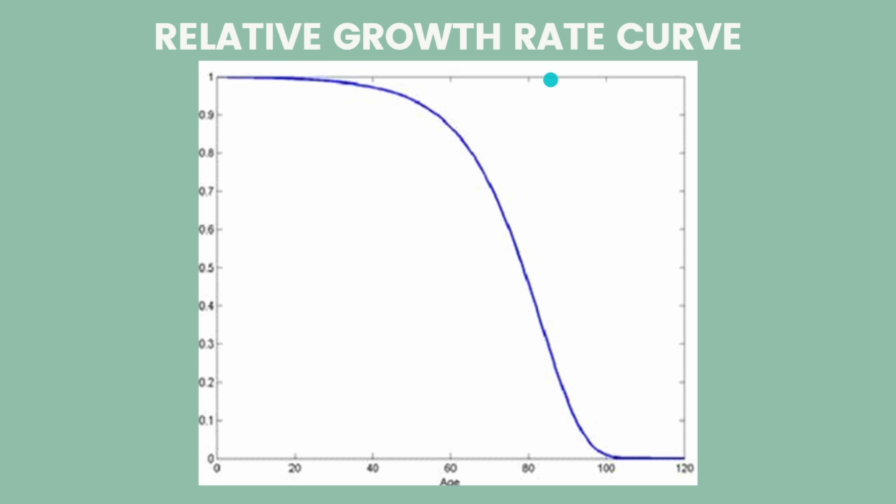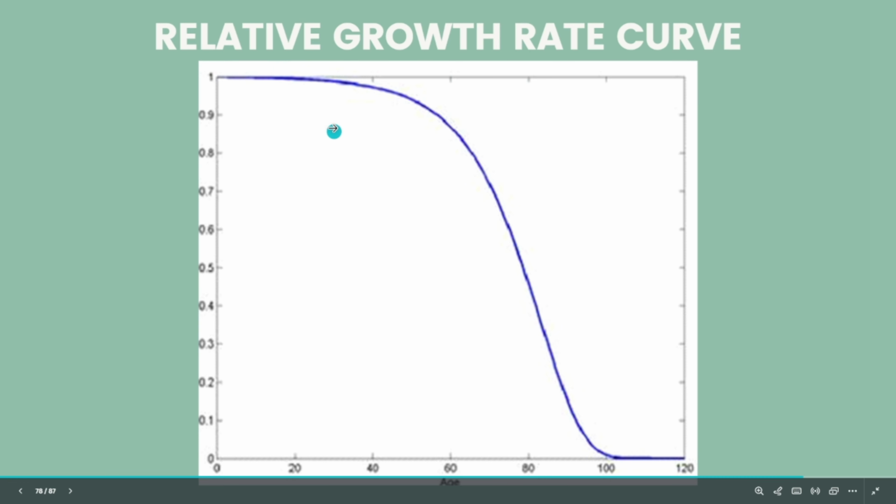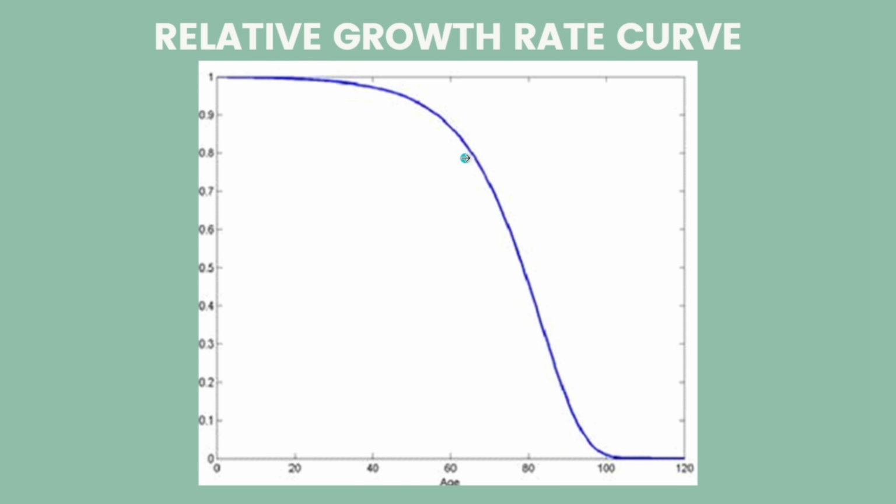Okay. Finally, this is the relative growth rate curve. You can see here the graph, the curve is like that. Why is the curve like that? You need to know the x-axis and y-axis first. The x-axis is still the time, but the y-axis differs.